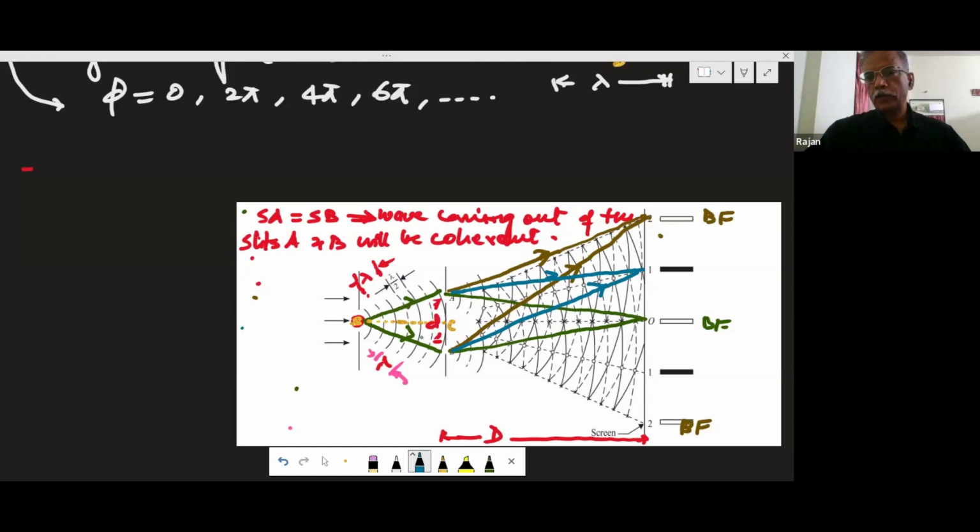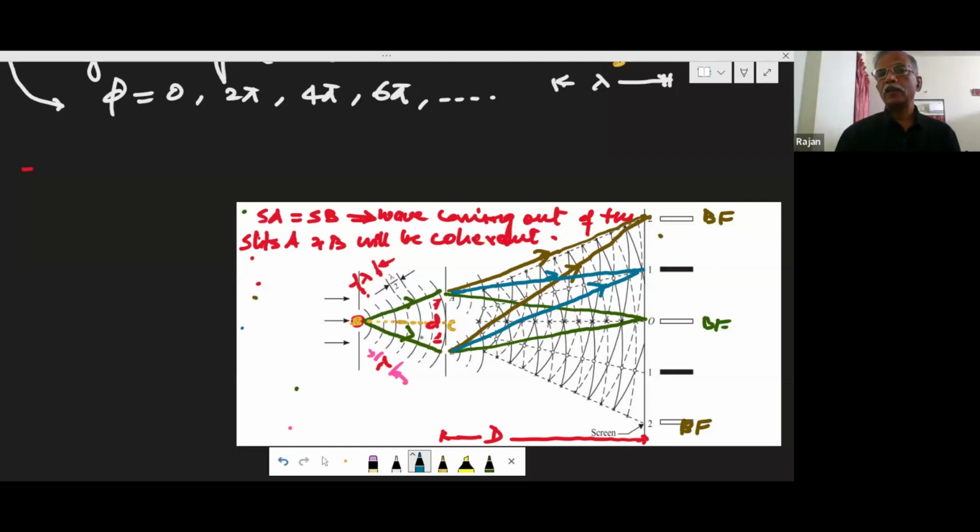So 1 is such a point on either side. The one from A will have a longer path than the one from B. But the path length difference, X, will be such that it will be either lambda by 2, or 3 lambda by 2, or 5 lambda by 2, and so on.